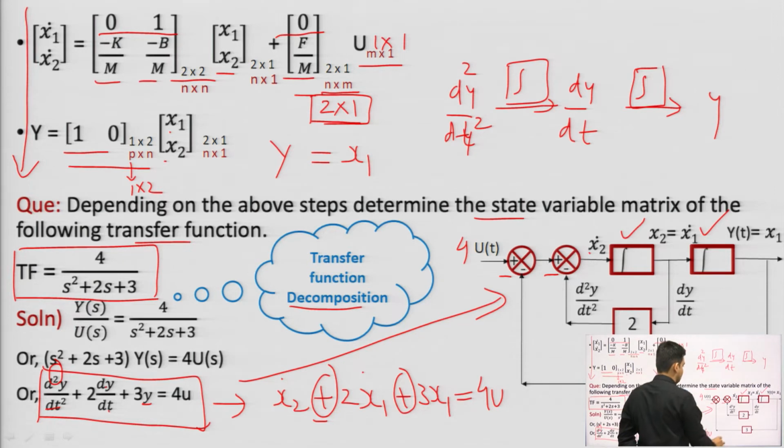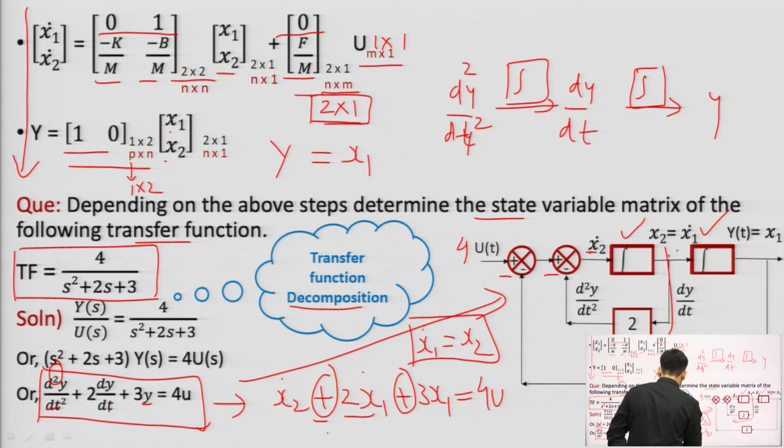It is receiving 2 times x 1 dot. Whenever x 2 dot is here, integrator gives x 2. Now from here 2 times this x 2, x 1 dot is basically equal to x 2. If you see the previous definition, x 1 dot is equal to x 2.